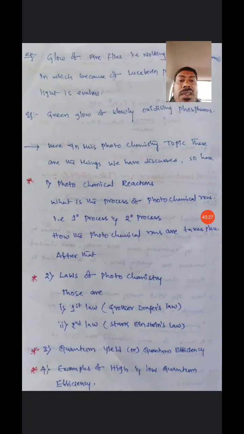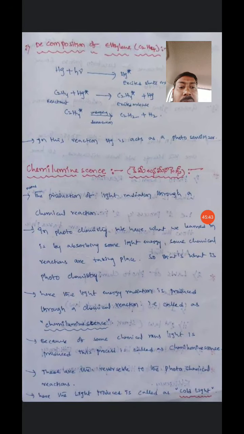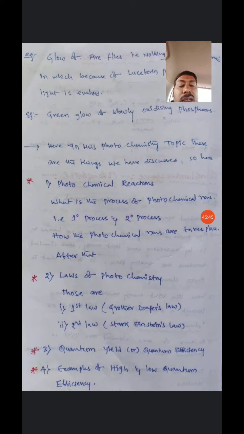Another example is the green glow of slowly oxidizing phosphorus. So this is chemiluminescence.